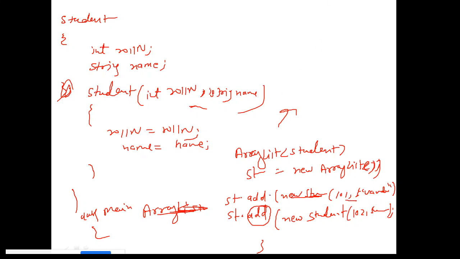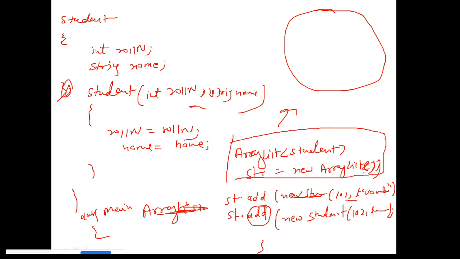Previously, when you created this ArrayList, equal to new ArrayList, internally what happened? Suppose this memory was allocated to this new Student type because it was a class type. It has internally a roll number and name.